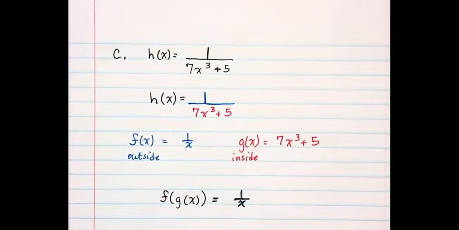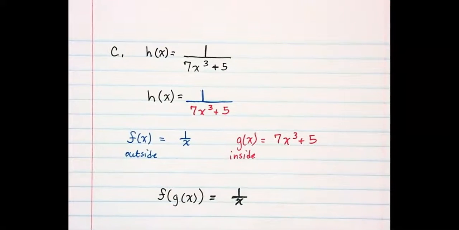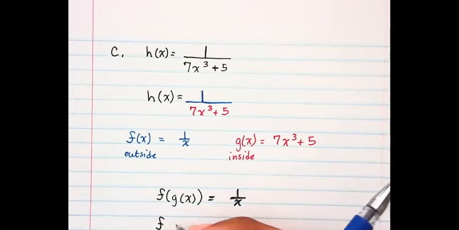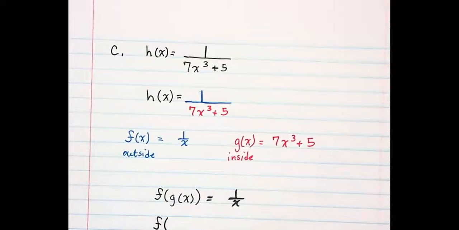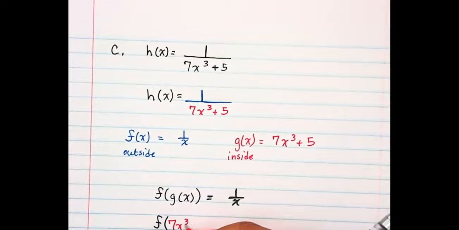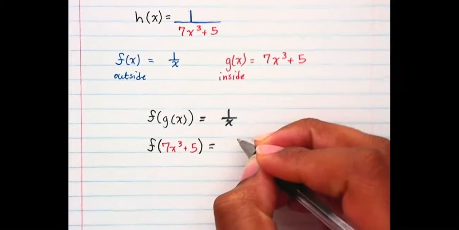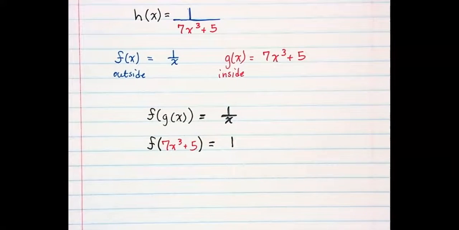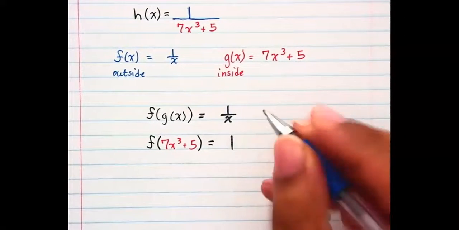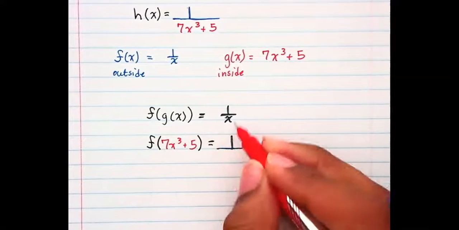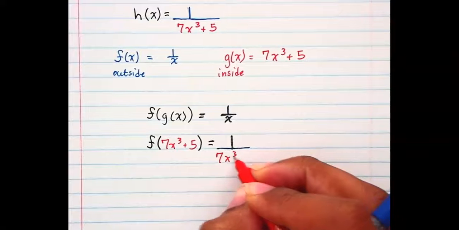Whatever, it's okay. All right, so we're going to do f of the inside function, g, which is 7x cubed plus 5. Should be a blue one. And if we put that in for x, that is 7x cubed plus 5.